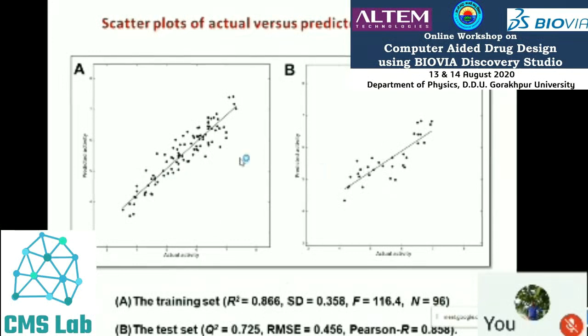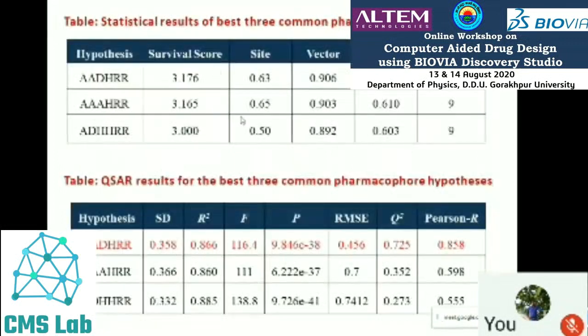For the training set, we used around 96 molecules, and for the test set around 28 to 29 molecules. If you see both models with the scatter plots, they are well validated. I'll show you the statistical results of the 3 pharmacophores that were developed, and then the QSAR results using that pharmacophore model.